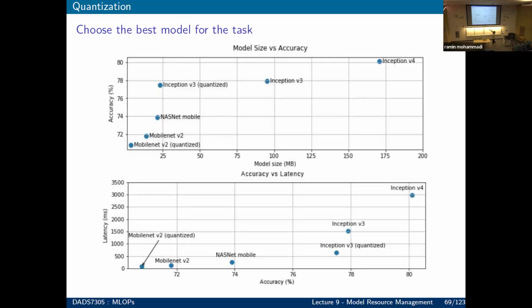MobileNet, for example: the original MobileNet has 72 accuracy, and then you quantize it, and you have a lower accuracy, or maybe accuracy versus model size. Sorry. So on top, you have accuracy: the original is 72, quantized is almost 72, really close to 72.